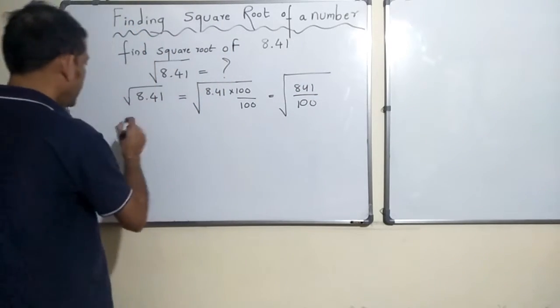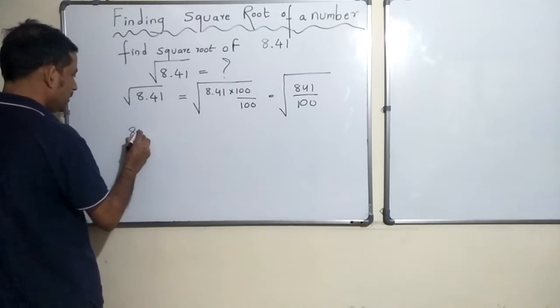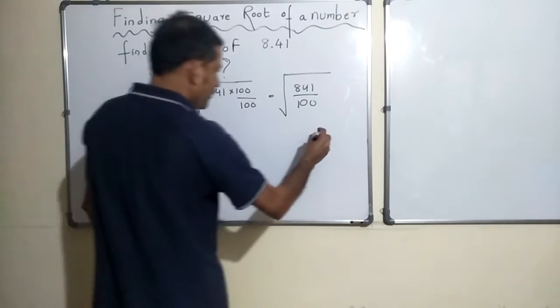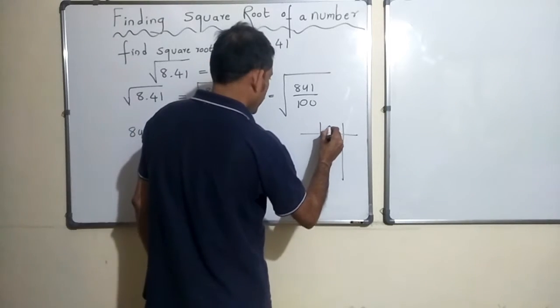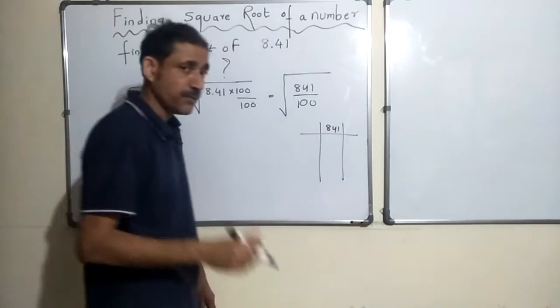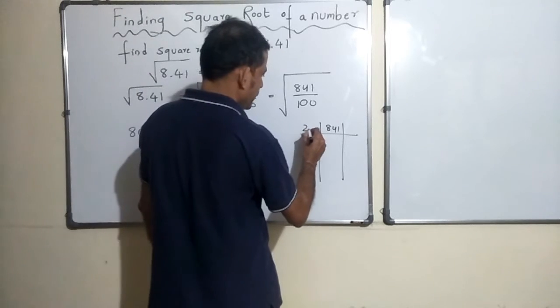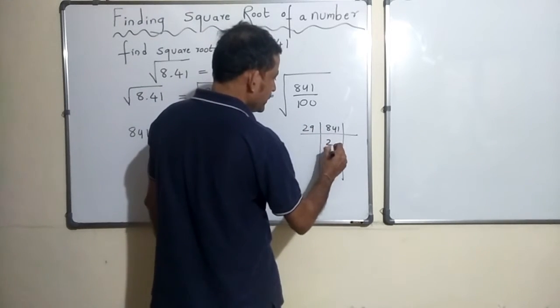Now 841, if you do the prime factor method, is nothing but 29 into 29. 29 29s are 841.